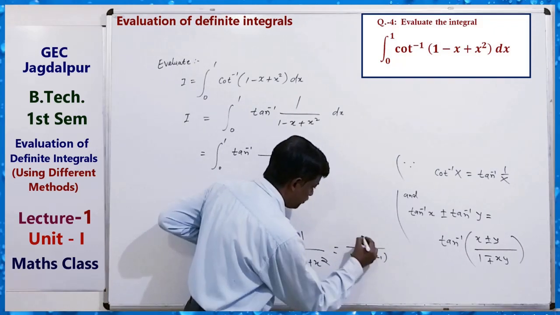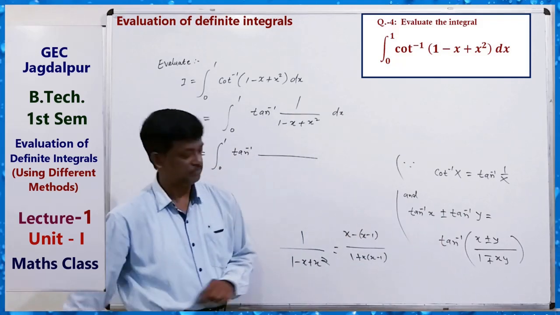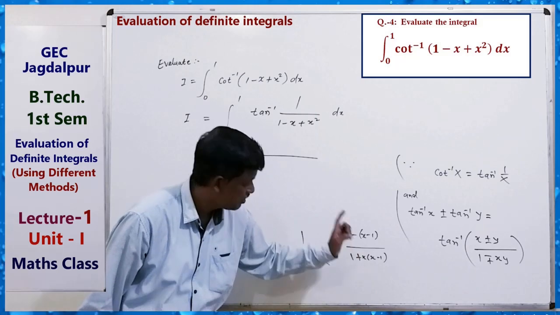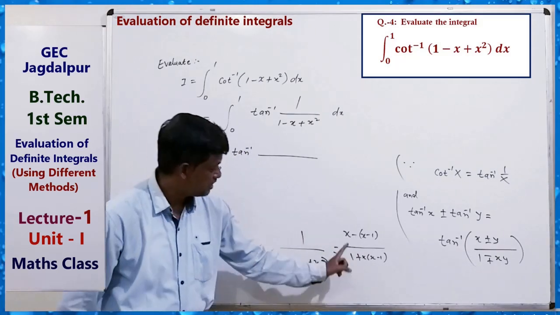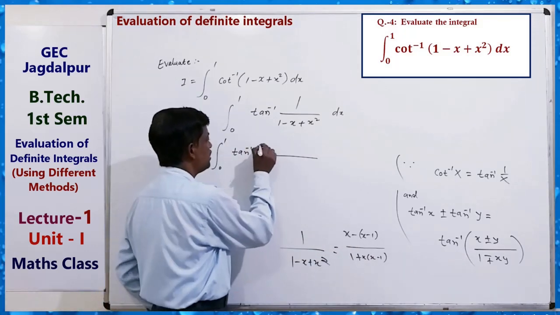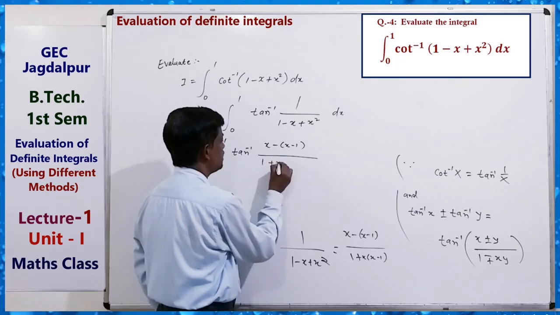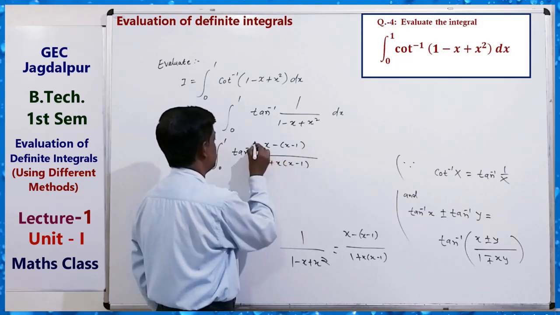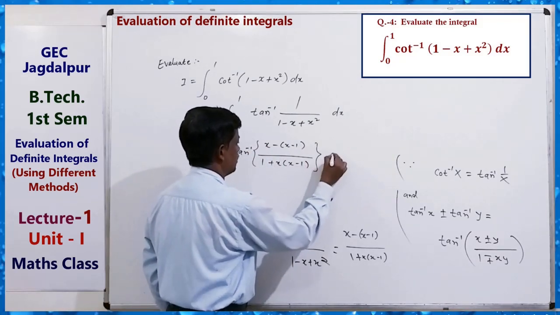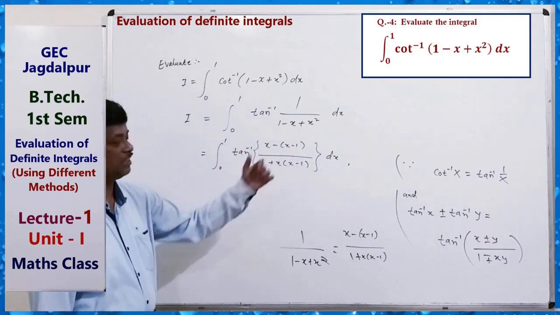And now the upper part can be written like this: 1. This x minus 1 is here, this x is here, in between a minus sign. So this x cancels, minus plus 1 can be written like this. So it can be written as x minus 1 upon 1 plus x minus 1. Just adjusting like this.